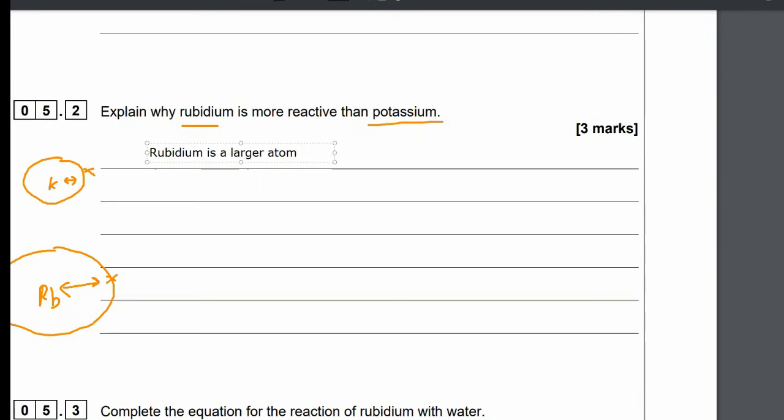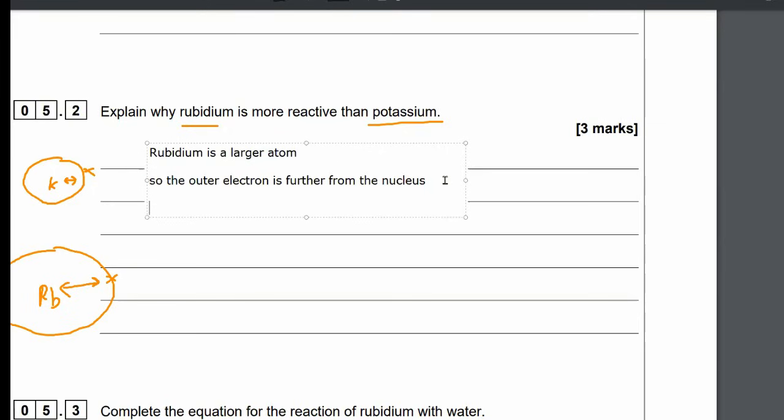There's about 5 things I'd write here, even though it's worth 3 marks. So I would say rubidium is a larger atom, so the outer electron is further from the nucleus. Now, why is that important? The nucleus is positive and electrons are negative.